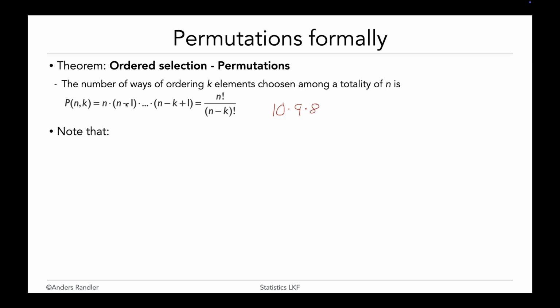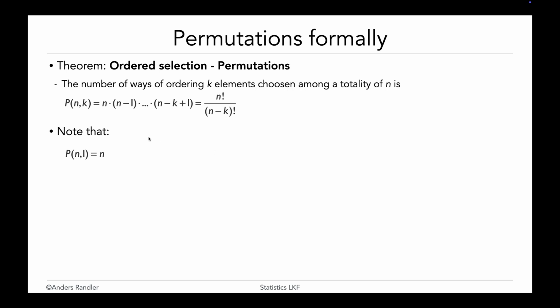So how does that figure together with this formula? Well, that is, in fact, exactly 10 factorial divided with 7 factorial. Exactly as this formula stipulates.